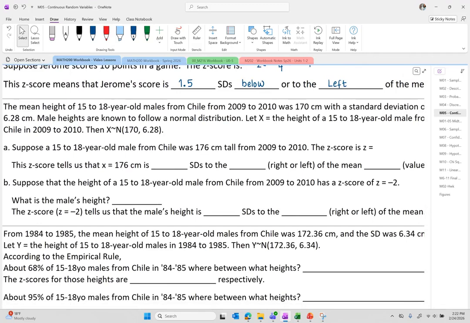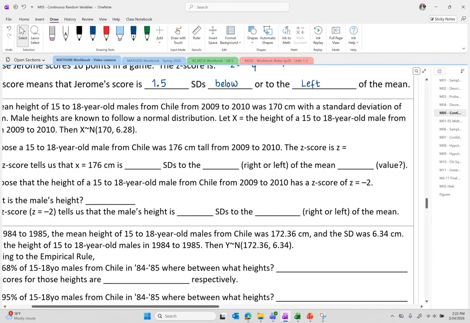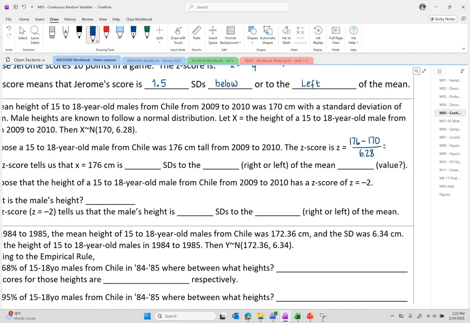What is the z-score? So the z-score will be the value of the variable 176 minus the mean 170 divided by 6.28, and that is 6 divided by 6.28, which is approximately 0.96. I'm doing this in my calculator, on my phone, in Excel.